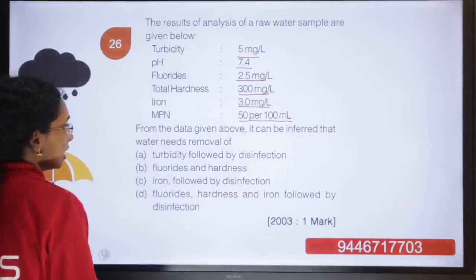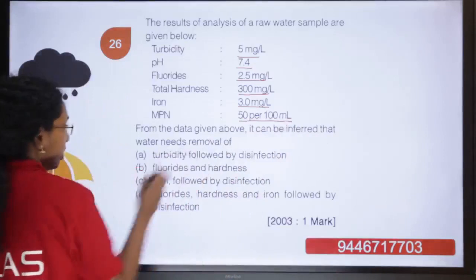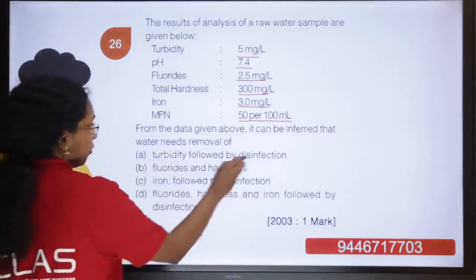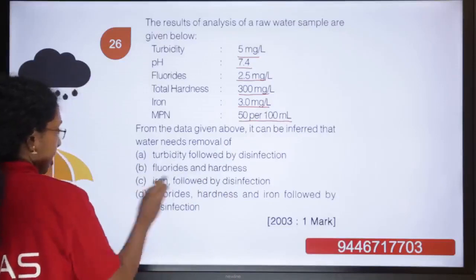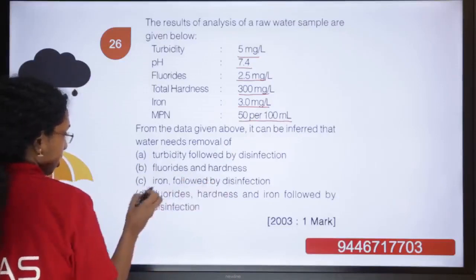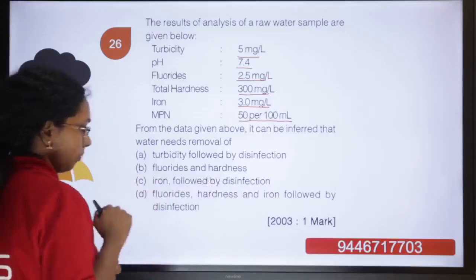From the data given above, it can be inferred that the water needs removal of: A. turbidity followed by disinfection, B. fluorides and hardness, C. iron followed by disinfection, D. fluorides, hardness and iron followed by disinfection.